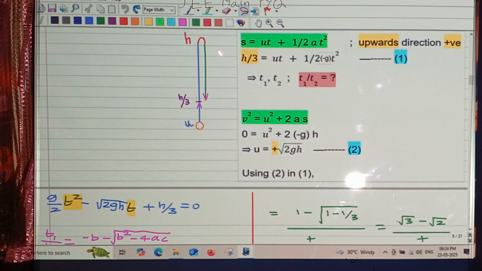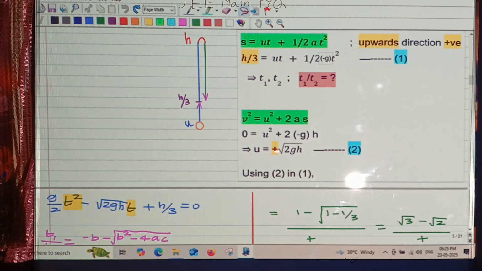To get u in terms of h, use the third equation of motion. If you apply it at the topmost point, v is 0, and we put the corresponding displacement of this point, which is h, from the origin of the axis. This is the origin, upward direction is positive. So s is plus h, and acceleration is minus g because acceleration is the force downward.